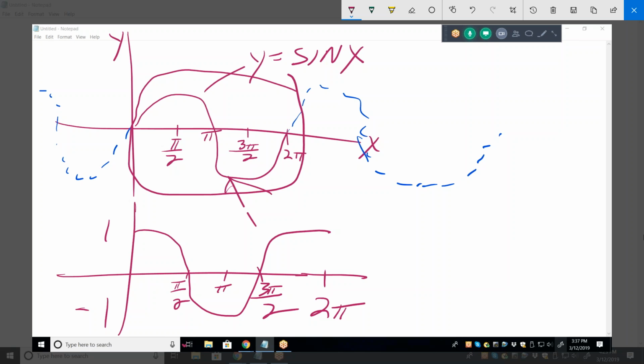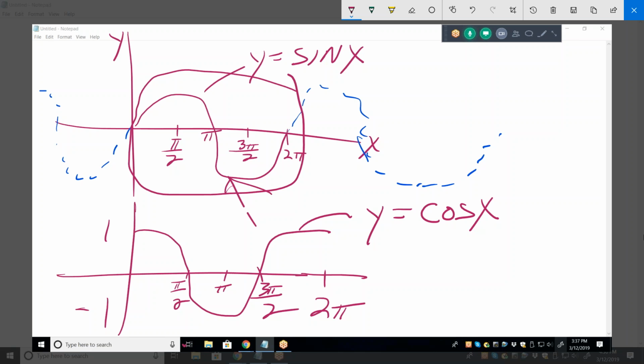So if I said to you, this is the cosine, what's the cosine of 3 pi over 2? Read it off my graph. Yeah, 0, exactly.